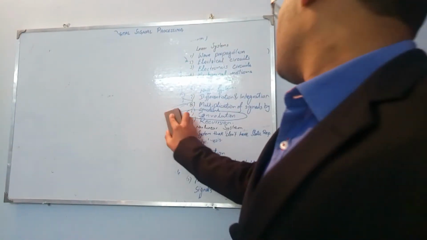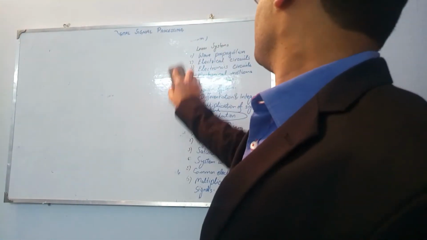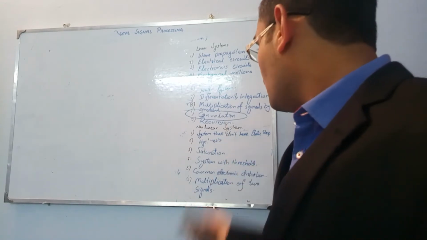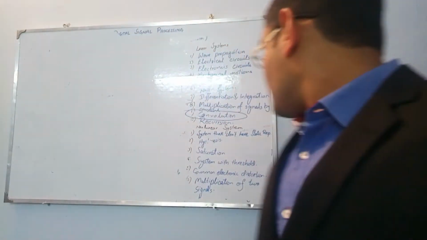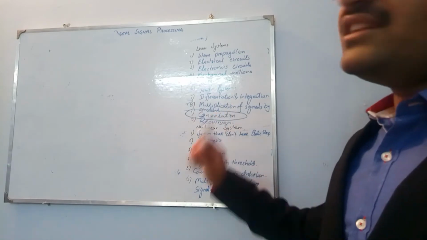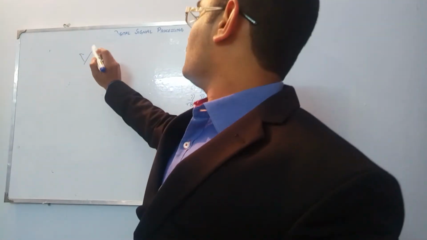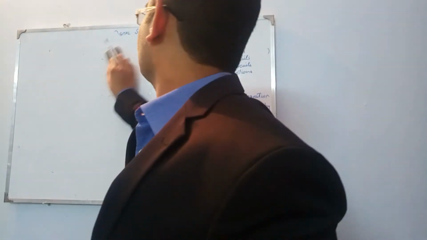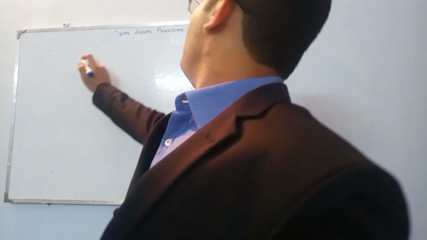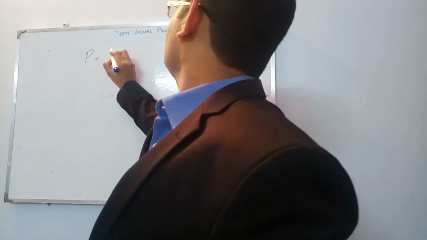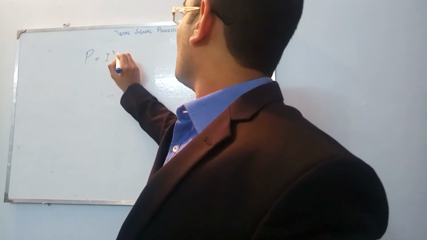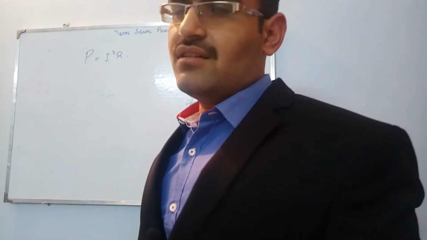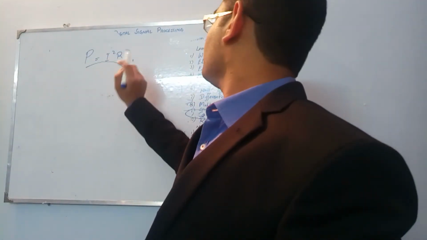Here are some examples of non-linear systems. The systems that don't have a static response, such as P is equal to I squared R, power.